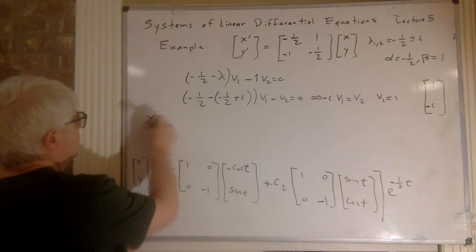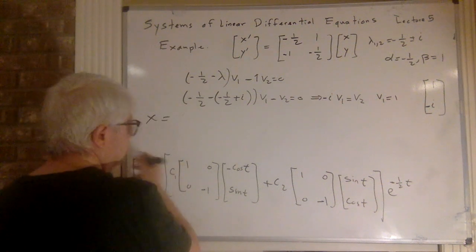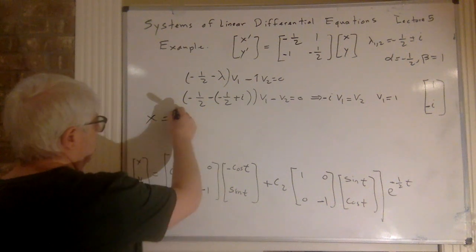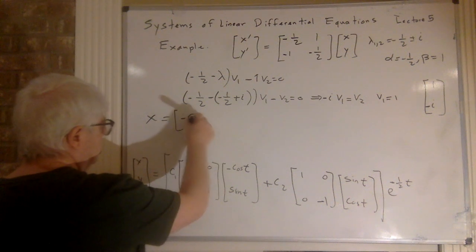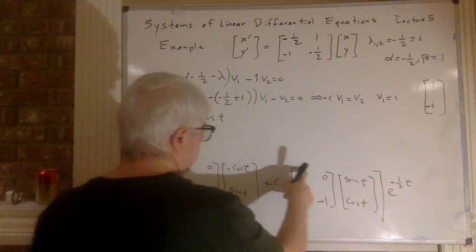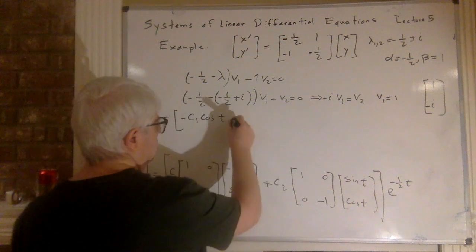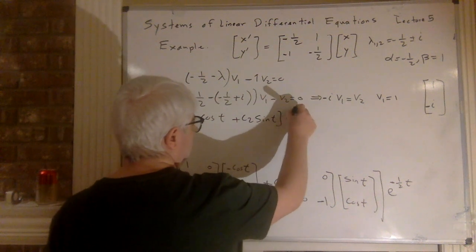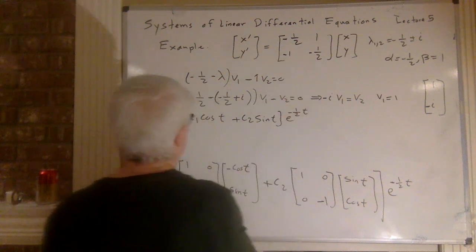The x is something like this. I have c1. This is just cosine, so I have minus c1 cosine t, and here I have plus c2 sine t e to power minus 1/2 t.